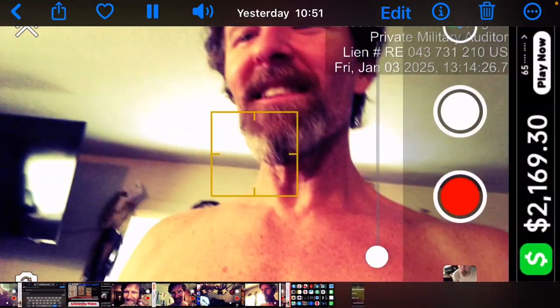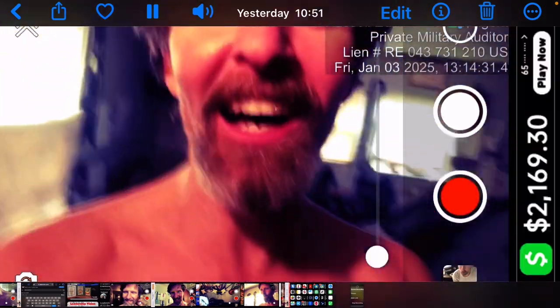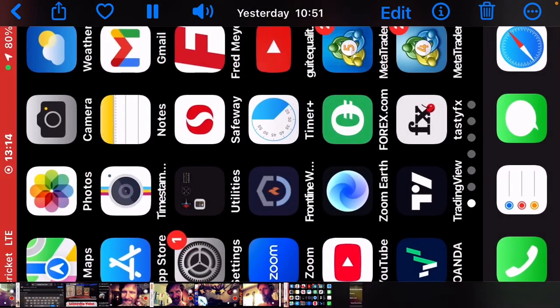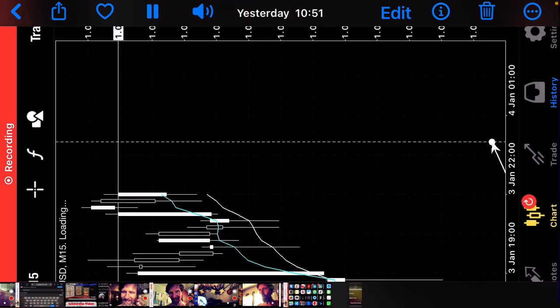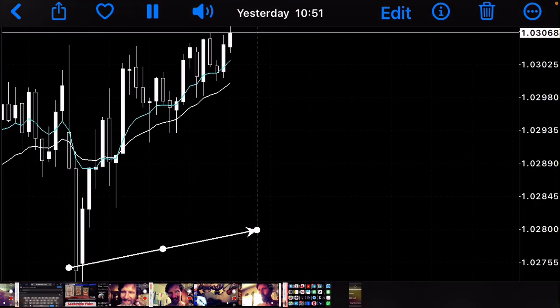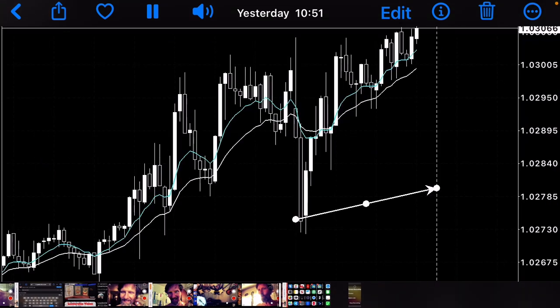Oh, there's another payment flashing. Let's go to the financial markets and see. Oh, look, price went up. See, if the trade would have been left on, it would be in profit right now.